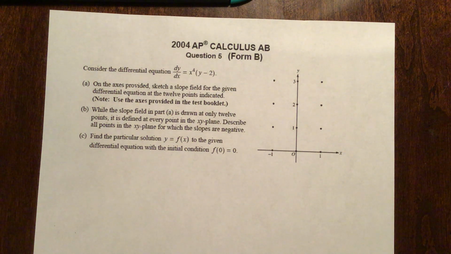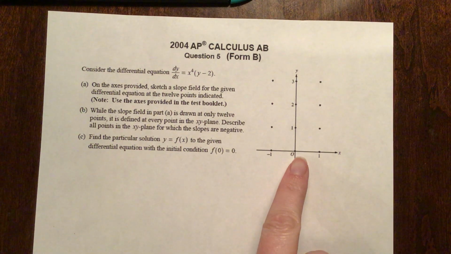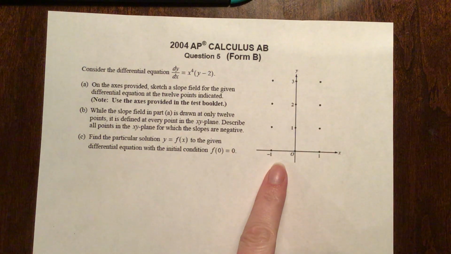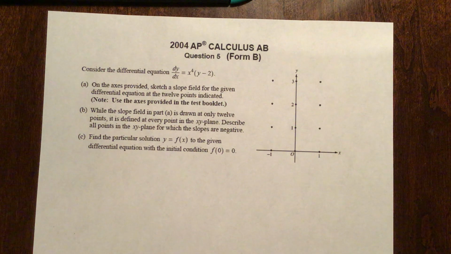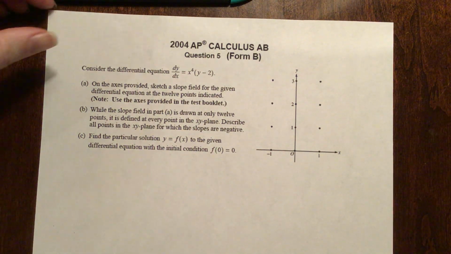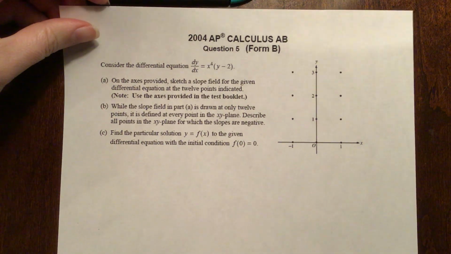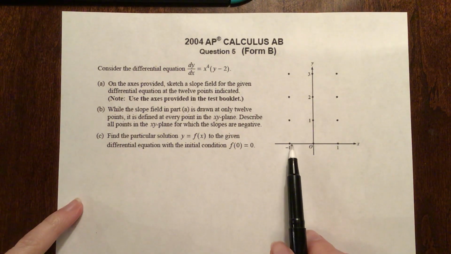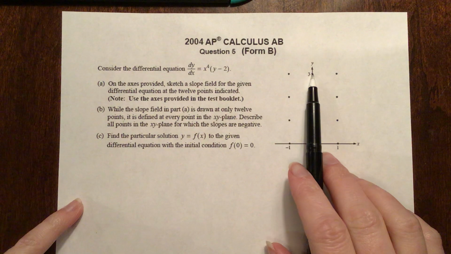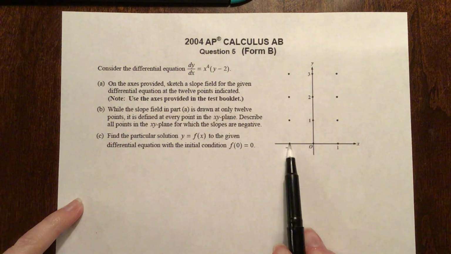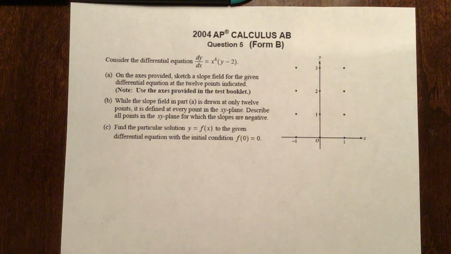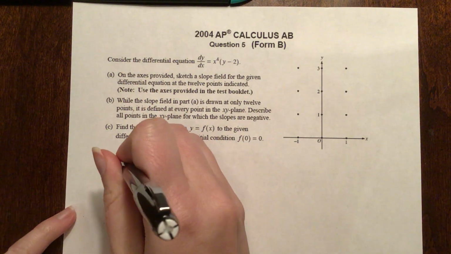All right, so we need to find slopes for every single one of these 12 points. Let's make that same XY chart, but in a slightly different way. Let's see if you like this way. I'm going to put my Y values, which are 0 through 3, and my X values, which are -1 through 1. I'm going to make kind of like a multiplication table almost.